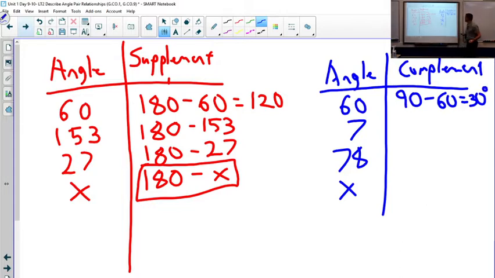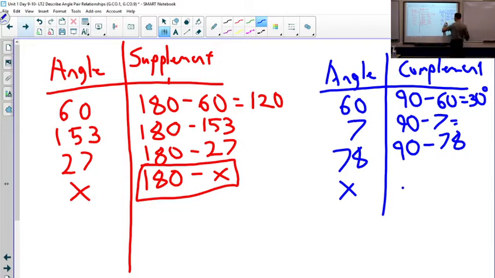The only difference is that we're using 90 instead of 180, but the pattern is the same. If my angle is 7 degrees, then the complement is going to be 90 minus 7. I don't care about the answer right now, I'm just looking at the pattern. If the angle is 78, then I take 90 and subtract that angle, 78. And if I have the angle being x, then my pattern would be to just do 90 minus x. That's my pattern for complement.